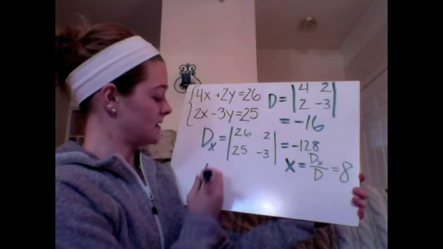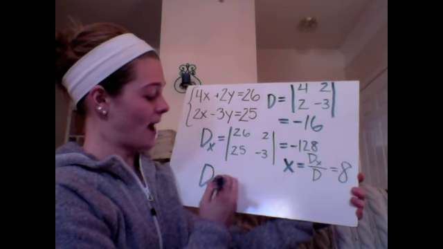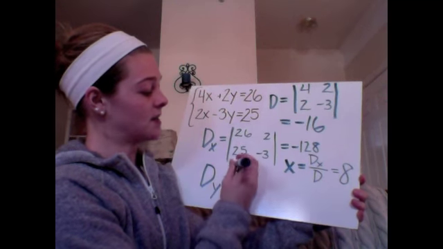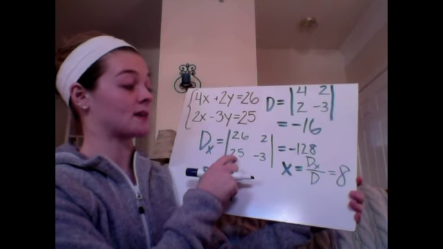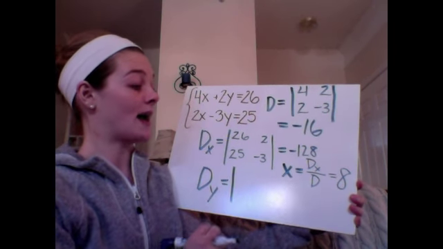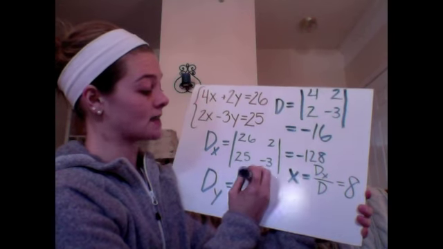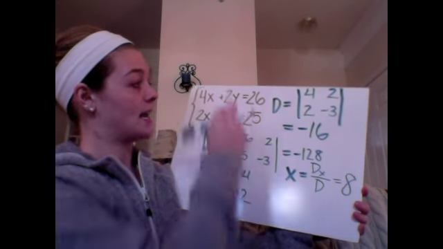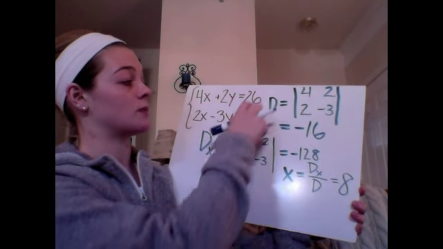Alright, the next determinant I need to do is my y determinant. Now, when we did the x determinant, we replaced the x column. Because we're doing the y determinant, we're going to replace the y column. So my original x column is going to stay the same, and I'm going to replace my y coefficients with the solutions.